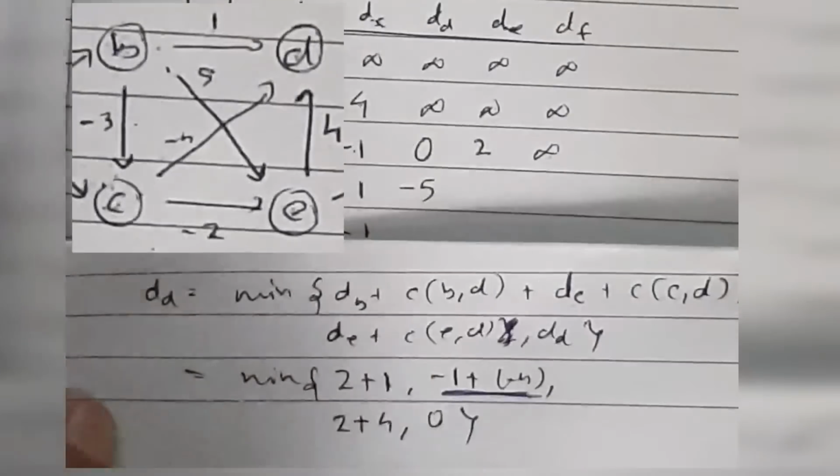It is 0. After writing this, we compare which is the smallest. As you can see, the smallest is minus 5, so I'll write here minus 5.